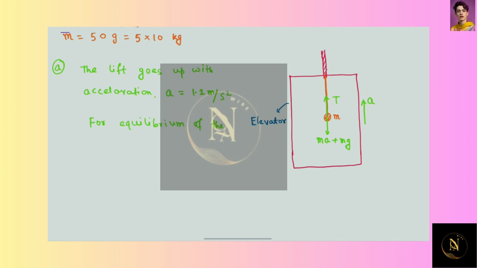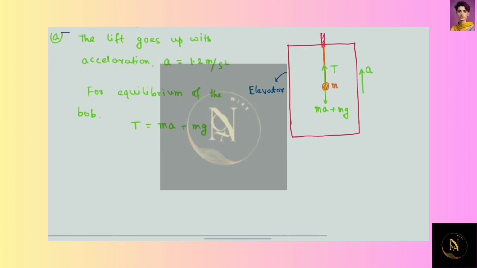So for equilibrium of the bob, I can write the net upward force will be balanced by the net downward force, which will be ma plus mg. If I put the values, I will get T equals m, which is 5 into 10 power minus 2 kg, into a plus g. A is 1.2 and g I can take as 10.